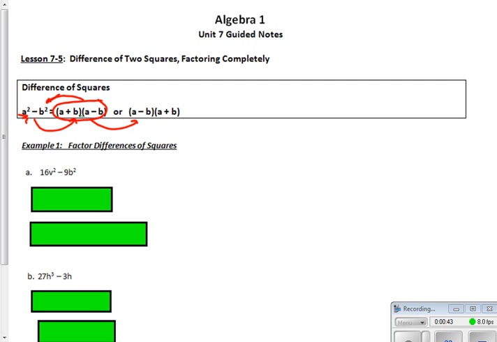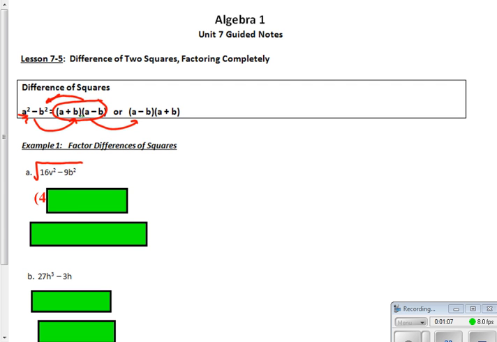Really what has to happen in this problem, if you look at example A, you have 16v squared minus 9b squared. What you need to envision is basically taking this binomial and almost taking the square root of the entire thing. The square root of 16 gives you 4.